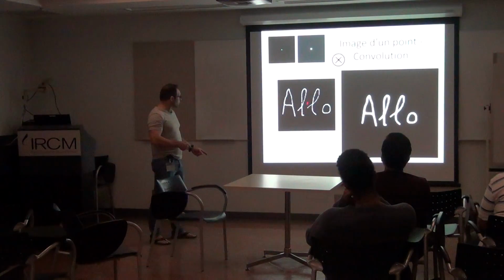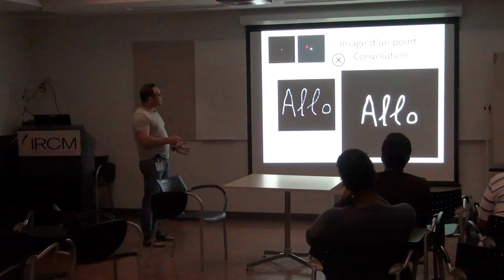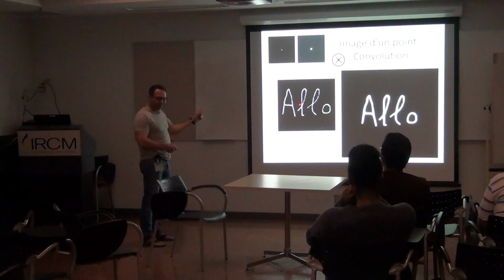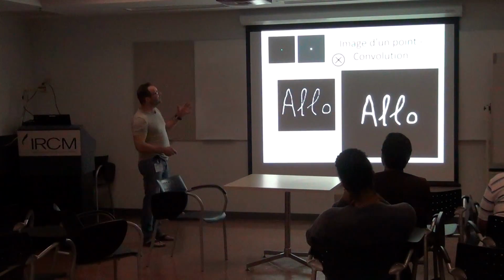And you know that the real object is this. Because you know that each dot of light produces this, then you figure out, oh, maybe I can get this from this. And this is the deconvolution.